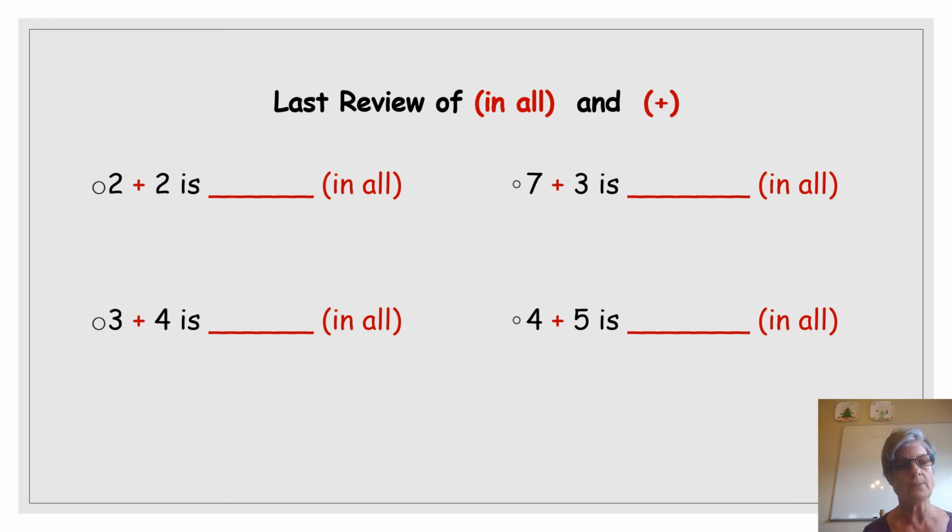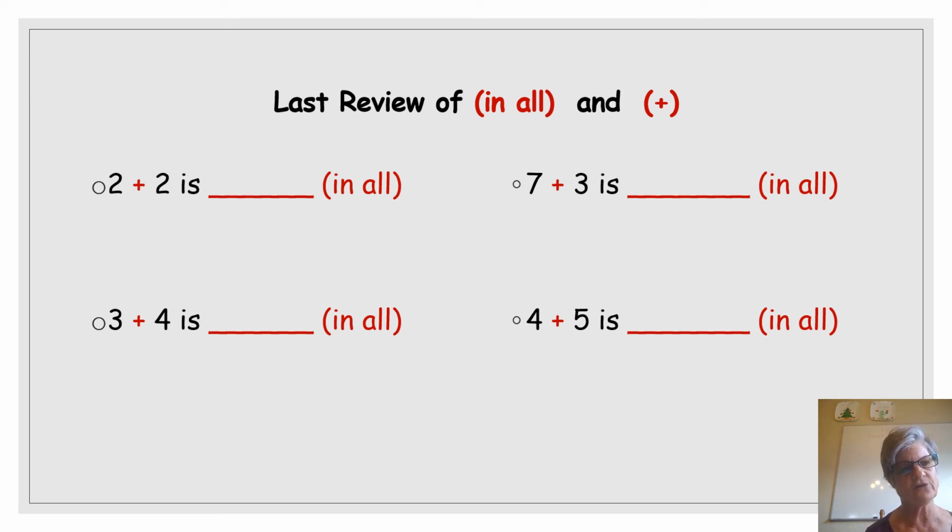Now let's go to the one below it. It is 3 plus 4 is blank. Or you can say 3 and 4 is blank. Do the same thing with your crayons. Take one color and on a piece of paper, draw 3 objects. Then it says plus 4.